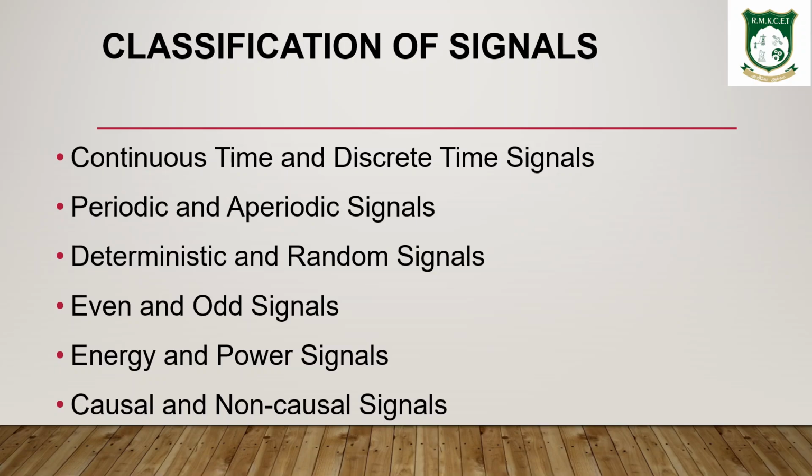All the CT and DT signals are once again classified as CT periodic, CT aperiodic, DT periodic and DT aperiodic signals. So likewise, CT and DT signals are once again classified based on their characteristics. CT and DT is the broad classification of signals.